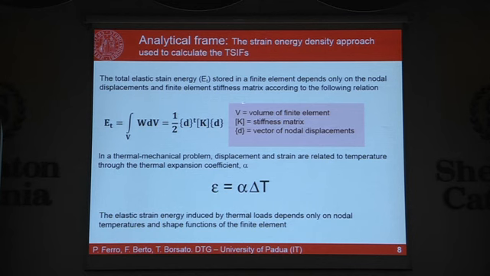What does it mean? It means that the strain energy density does not depend, or is almost independent, of the mesh density, because the displacements are almost independent of the mesh density. This is also true for the thermomechanical computation, because the displacements in thermomechanical computation are related to the variation of temperature at nodes.